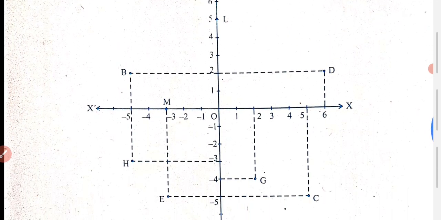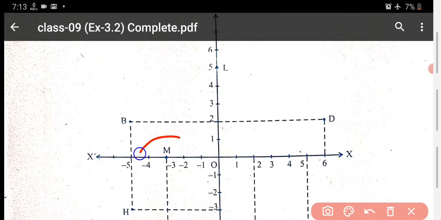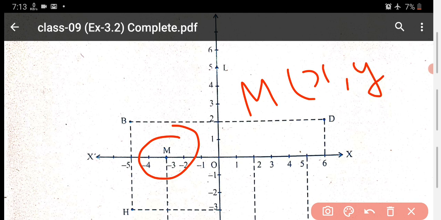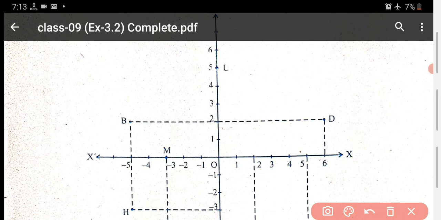M is here. If you write in the form of x comma y, just write here M. What is the value on the x-axis? It is -3, so write -3, and on the y-axis it does not have any value because the point lies on the x-axis, so you have to write 0. So your answer is -3 comma 0.